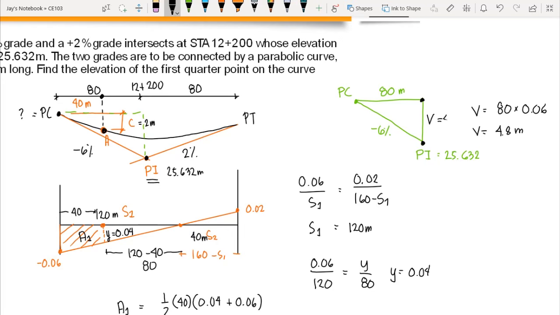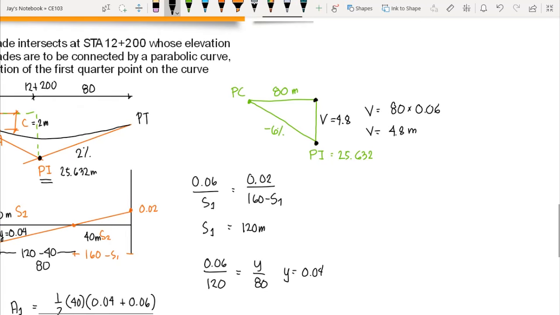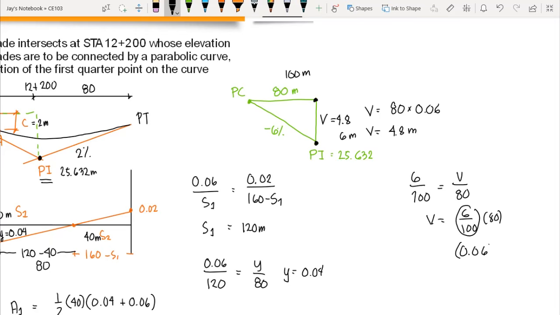Again, we multiply because this is basically a ratio and proportion in which 6% is equivalent to 100 meters horizontal and 6 meters vertical. So that is 6 over 100 equals V over 80. So V is equal to 6 over 100 times 80, or 0.06 times 80.